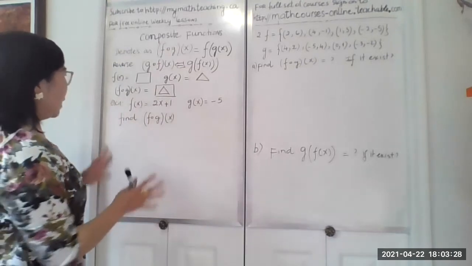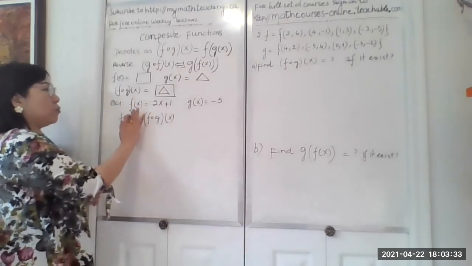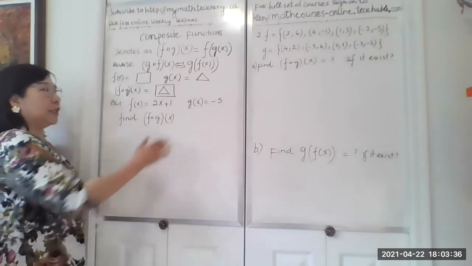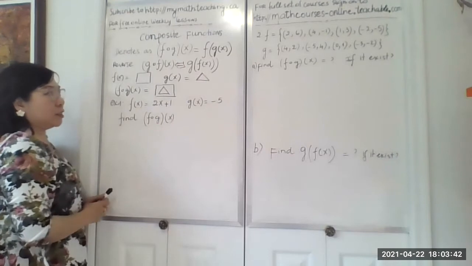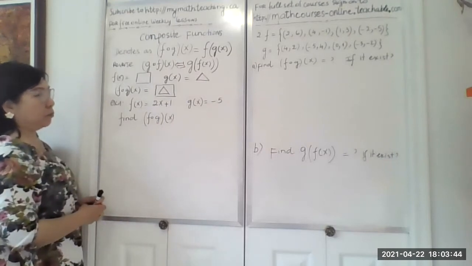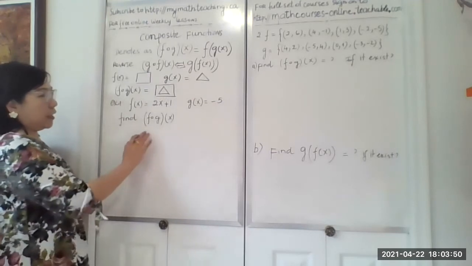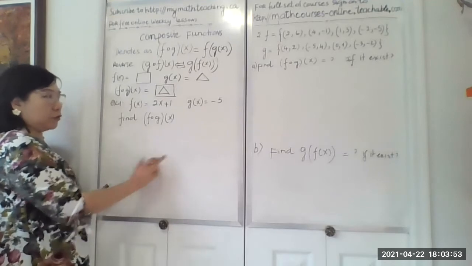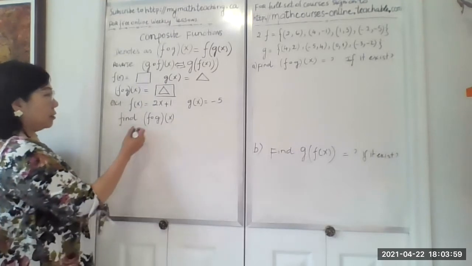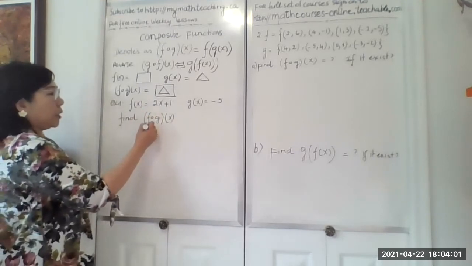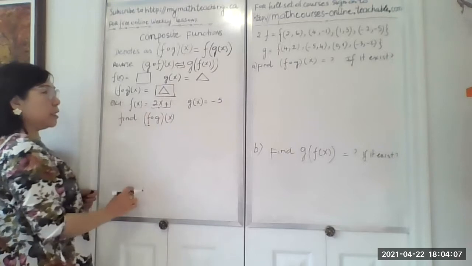So let's find out in example 1 here. Given to you f of x equals 2x plus 1 and g of x equals minus 5. Find f of g of x. So how are we going to deal with this? What you can identify is f of x is the outer function and g of x is the inner function. So if f of x is the outer function, we follow whatever the expression of f of x here.